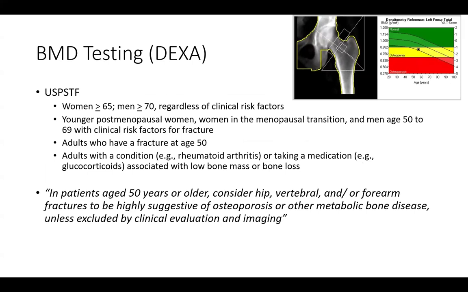So we don't necessarily consider those to be the sentinel events or fragility fractures like we are calling them, but certainly something to consider, and really anyone over the age of 50 with an injury that may not necessarily correlate with the mechanism of injury. So ground level falls, twisting their ankle and having a really comminuted ankle fracture, things like that may be worth further investigation.